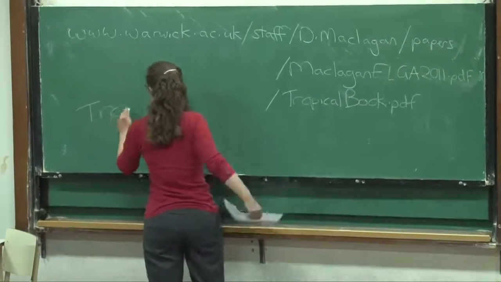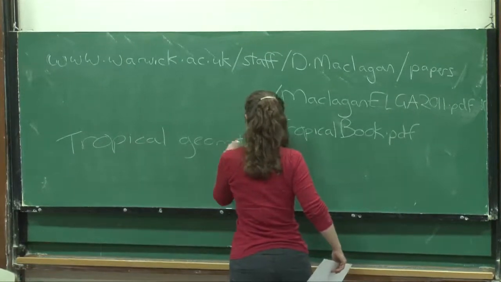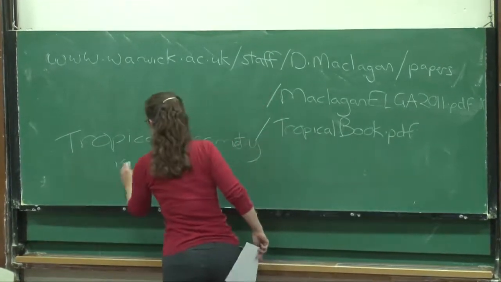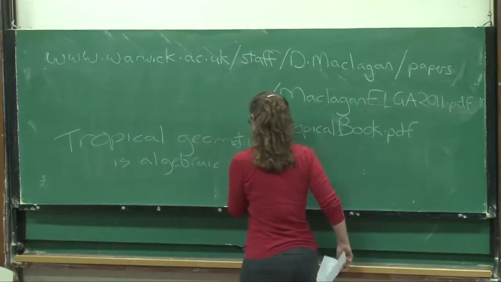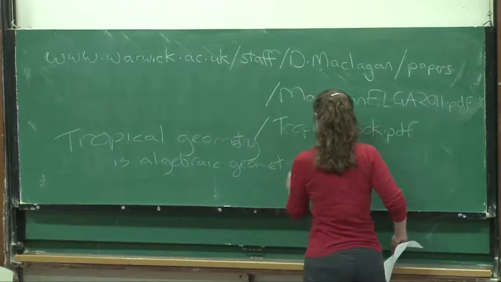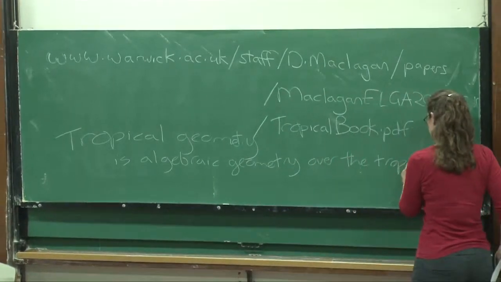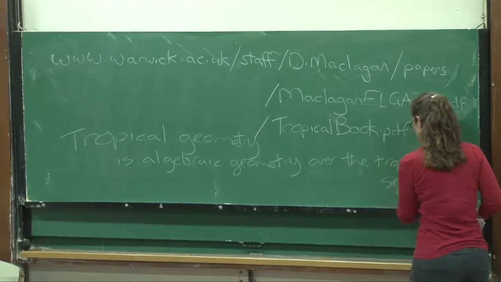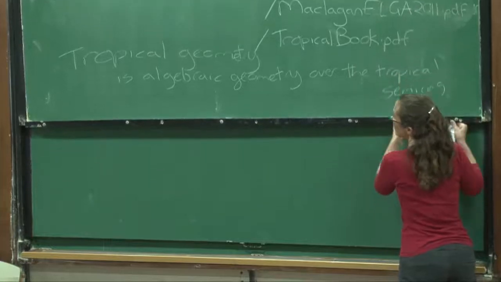So tropical geometry is algebraic geometry over the tropical semiring. Okay, so what is that?